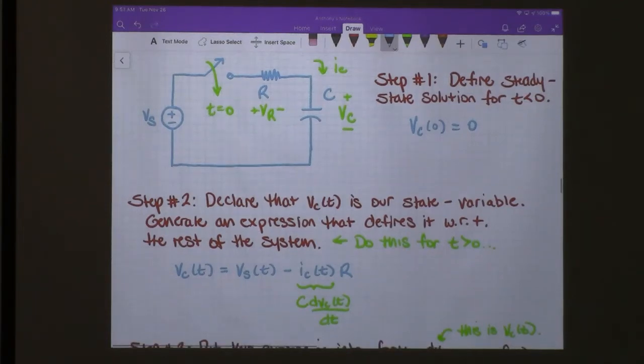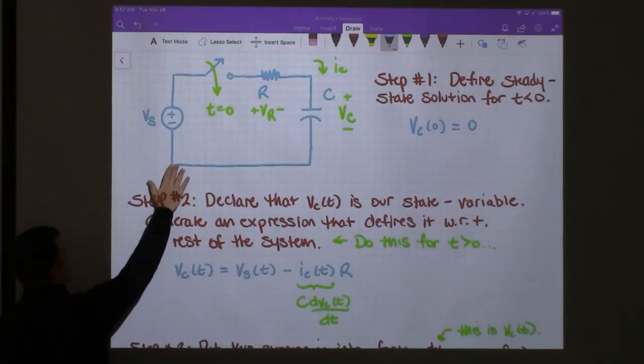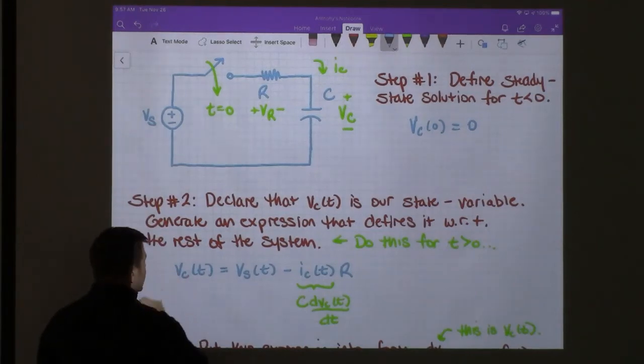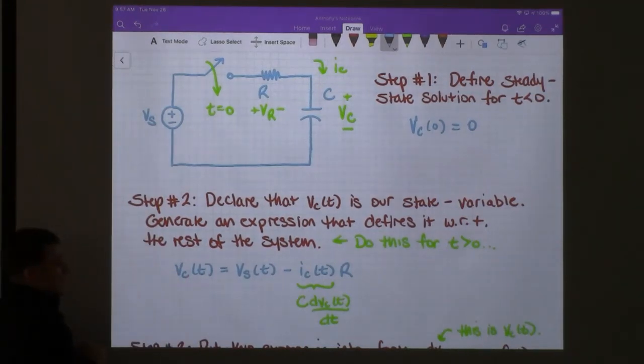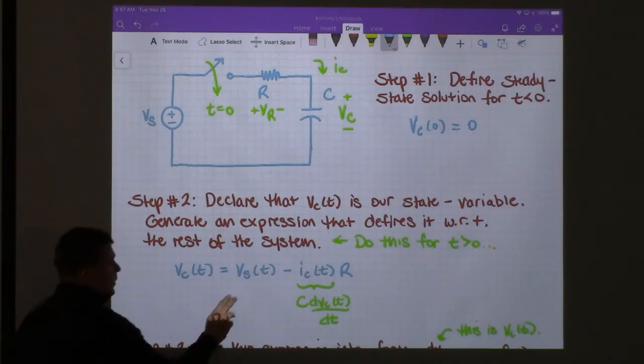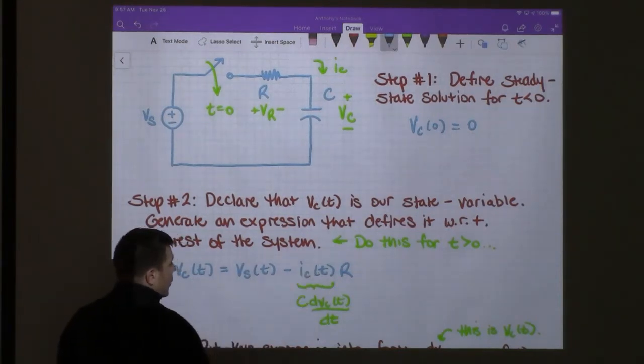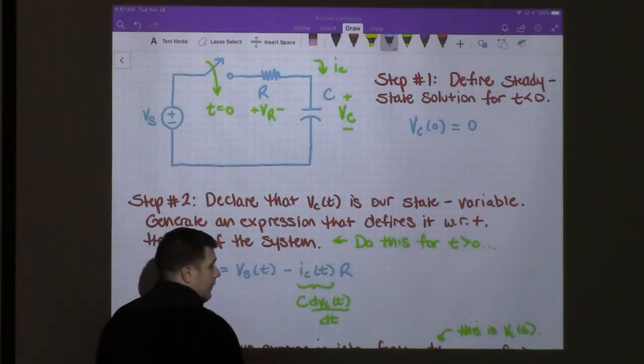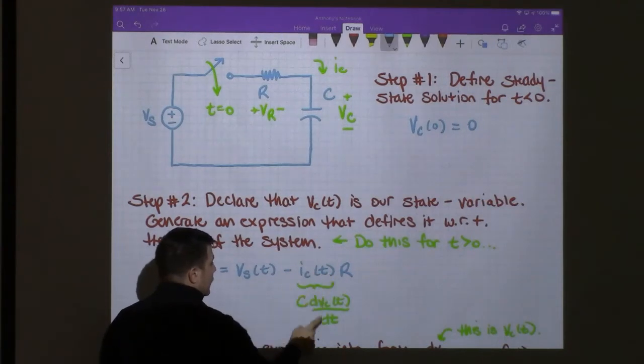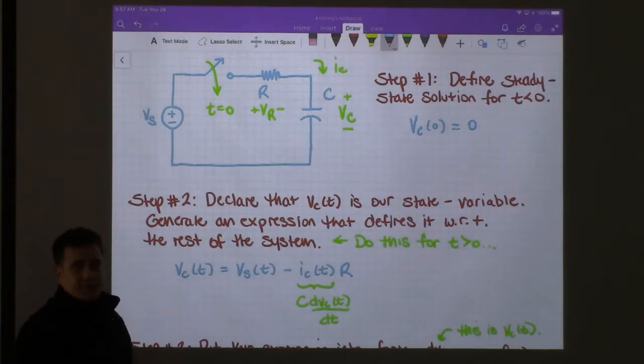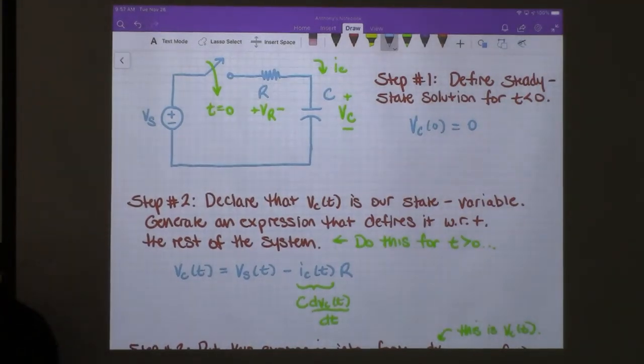So we take this circuit here, we generate an expression using KVL, we substitute for Ohm's Law, IR, and then we substitute for the current using C dV dt. And so that leads us to this form here.